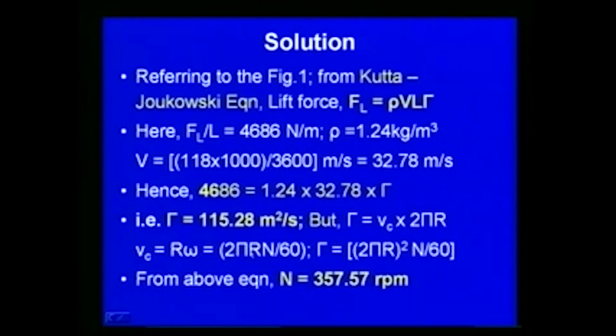So Vc is equal to r omega, which is equal to 2 pi r n by 60, where n is the rpm, revolutions per minute. So finally we get gamma is equal to 2 pi r whole square into n by 60. From this we can find the number of revolutions per minute, n is equal to 357.57 rpm. This gives the speed of the cylinder.